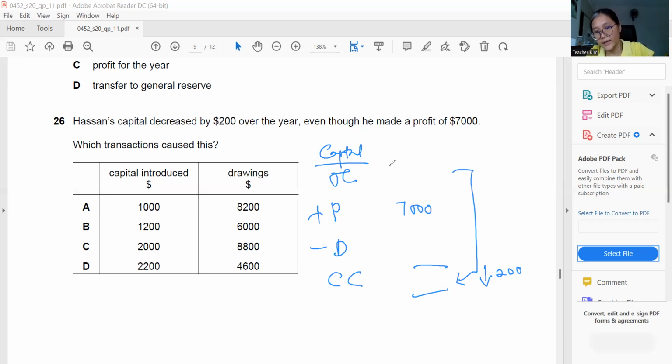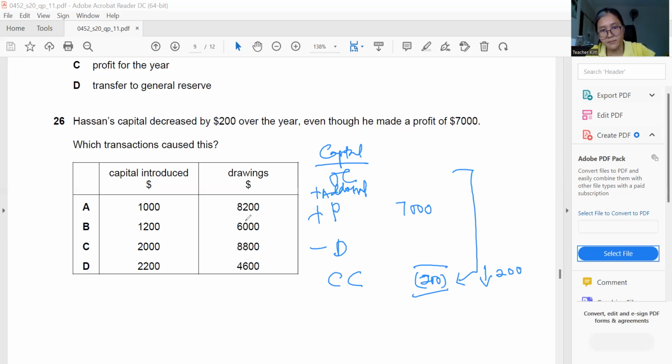Since they are talking about capital, we also plus additional capital. So the difference is that the net is reduced by 200. So what can cause the 7,000?